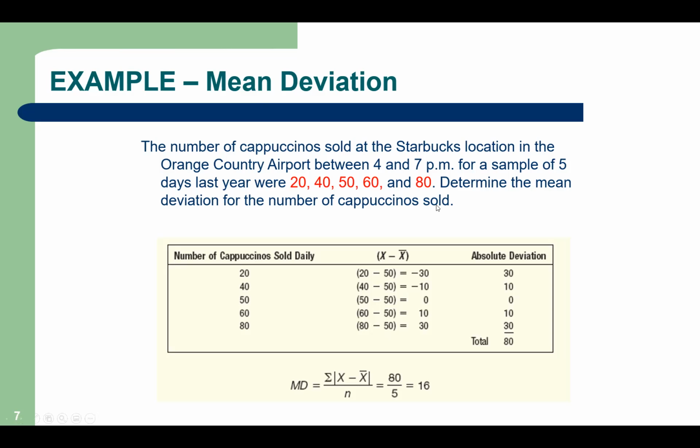So this is dispersion. This is how we found how far, how distant the actual values are from the mean. So we can say that on average the actual values are 16 cups far from the mean. The mean is 50.